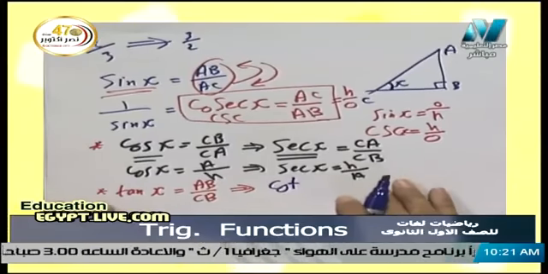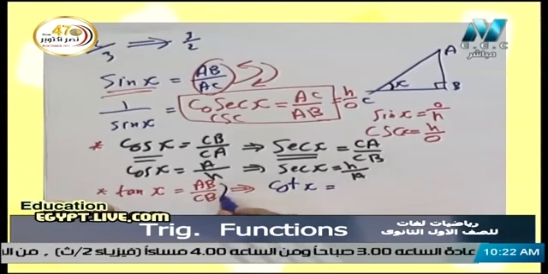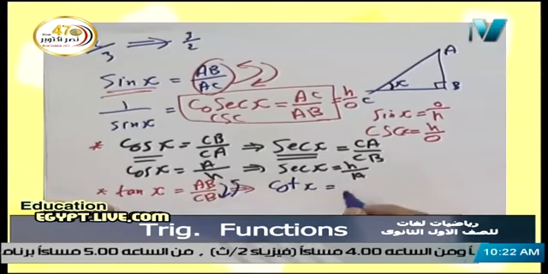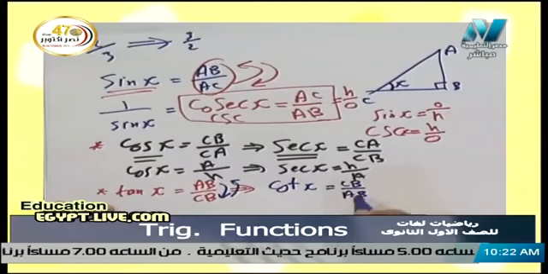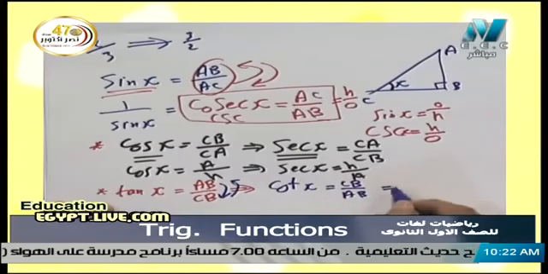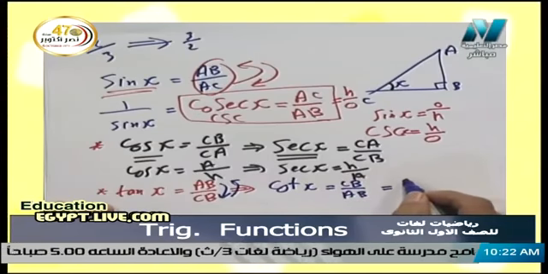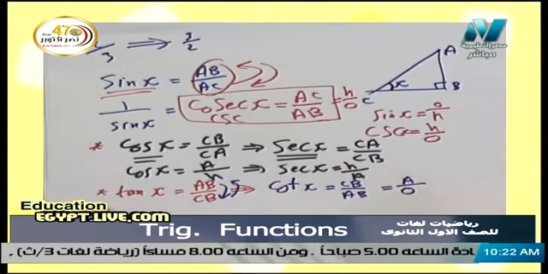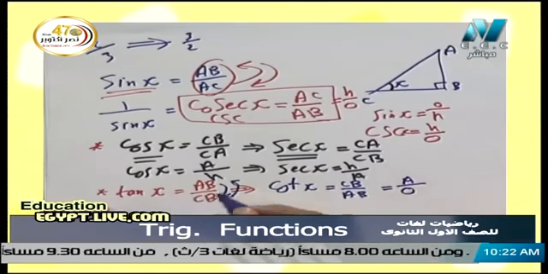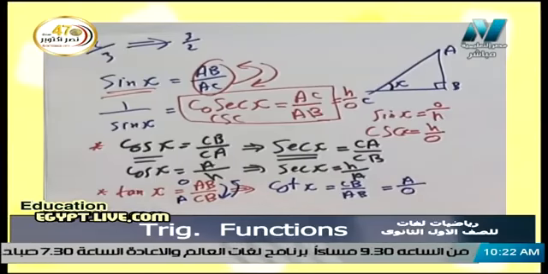Cotan x is the reciprocal of tan, so it equals CB over AB. And of course, cotan x equals adjacent over opposite, because here tan x equals opposite over adjacent.